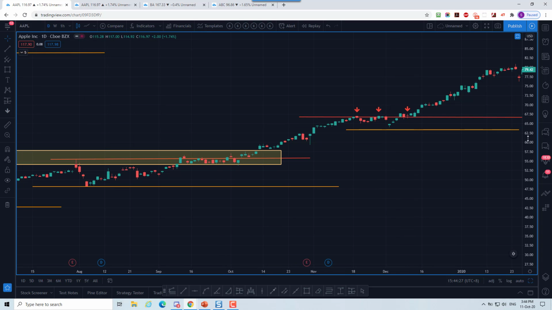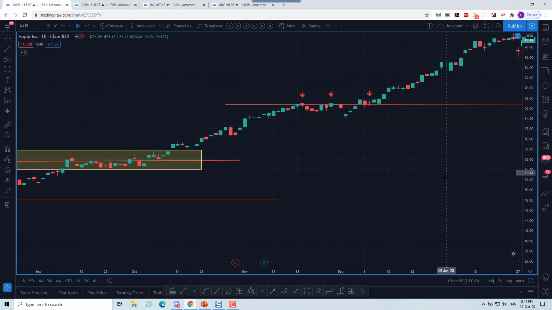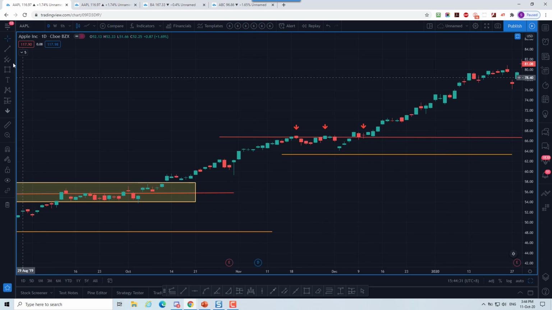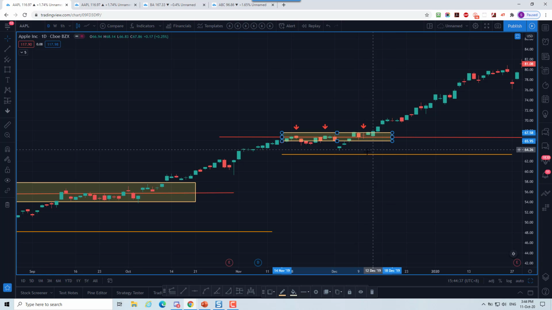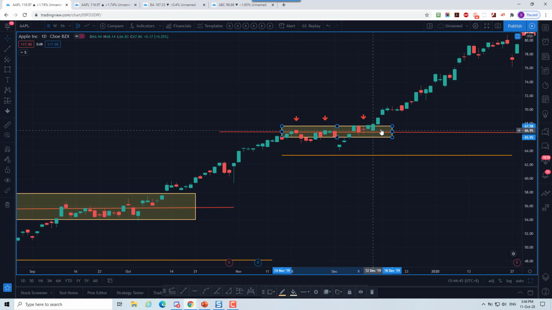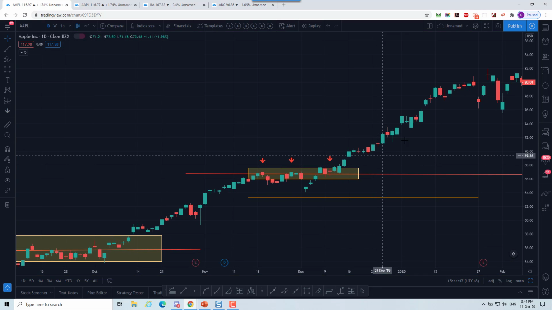The second concept you need to understand is that a resistance or support line is a zone. It can be a line, but normally I'll mark it as a zone. Once the price breaches this level, you'll notice that the price continues to move up.